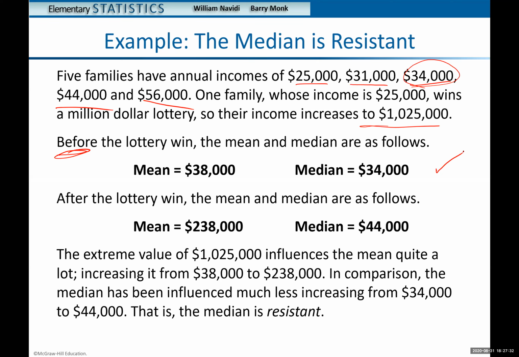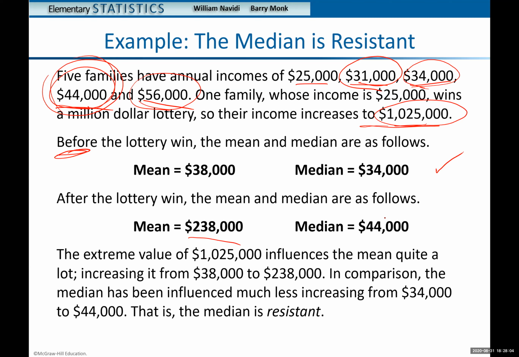After the lottery win, meaning instead of 25,000 it is 1,025,000, if you add these and divide by 5, you will get 238,000. And the median, if you arrange these 5 numbers in order, this time the center is 44,000.